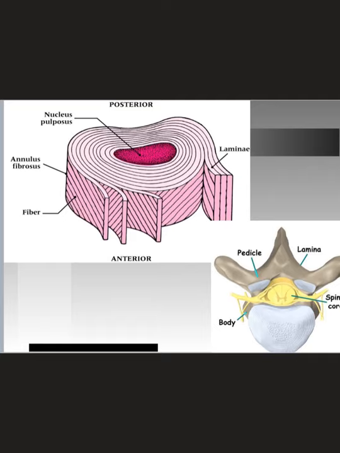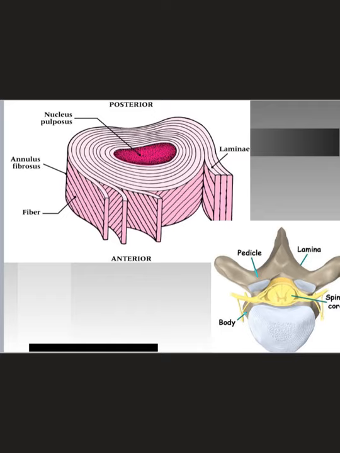Each disc is composed of an annulus fibrosus, which you'll see here, and then also the nucleus pulposus. And so the annulus fibrosus forms the periphery, or what I would say is like the protection of the actual disc. It's extremely strong, it's fibrous tissue.